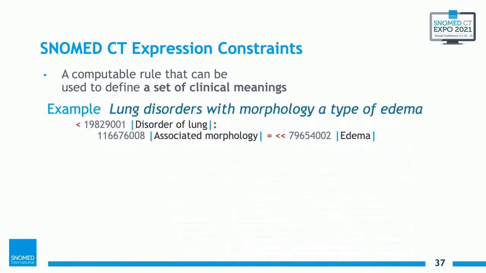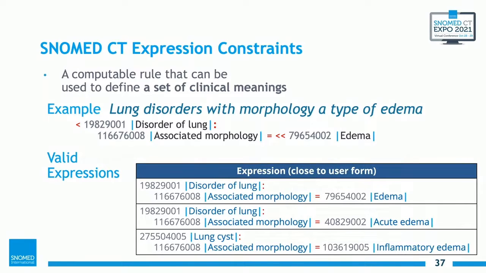SNOMED CT expression constraints can also be executed against expressions. If you have an expression repository or a set of expressions, you can check each of the expressions to determine if they conform with the expression constraint. Here are three different expressions in close to user form that conform with the expression constraint.